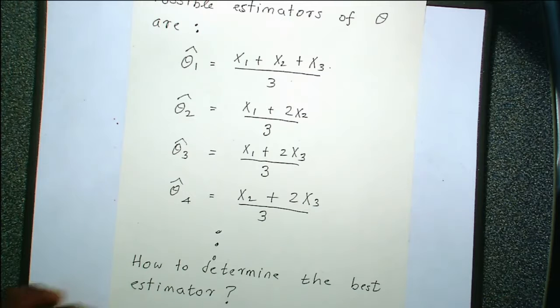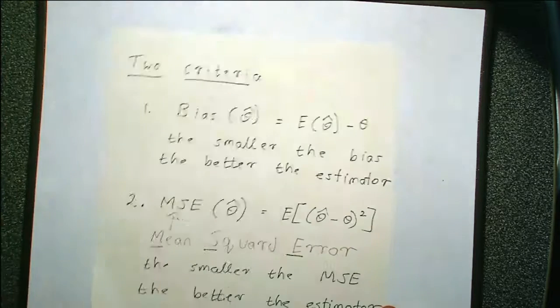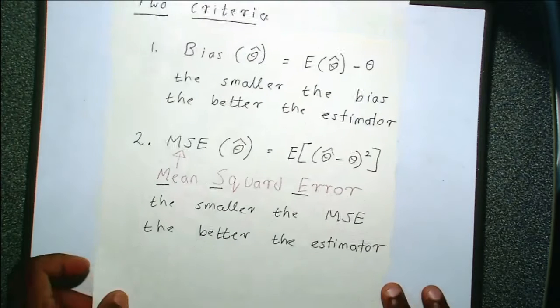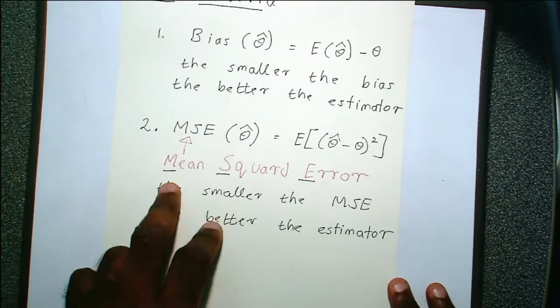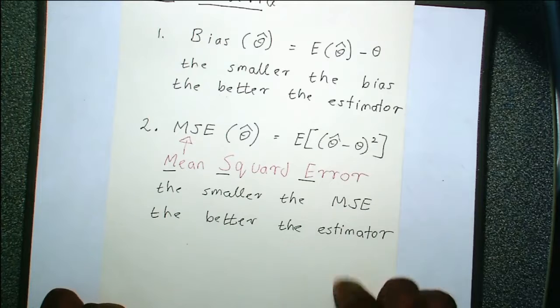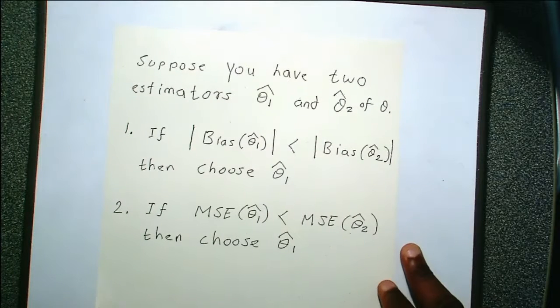To determine that, I introduced 2 criteria. One is called the bias and is defined as the expectation of theta hat minus theta. Two is known as the MSE, or the mean squared error. It's defined as the expectation of (theta hat minus theta) squared, right? Now, suppose you have 2 estimators, say theta 1 hat and theta 2 hat, and you want to choose between the 2.